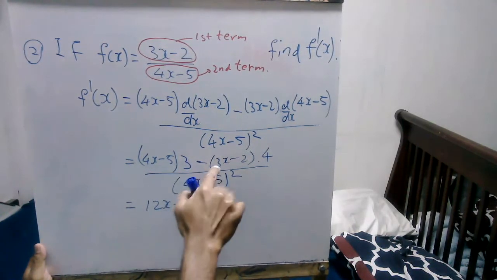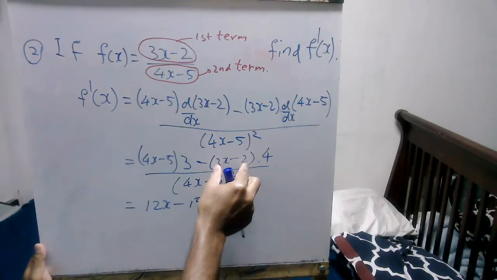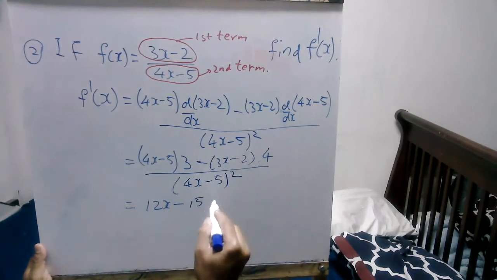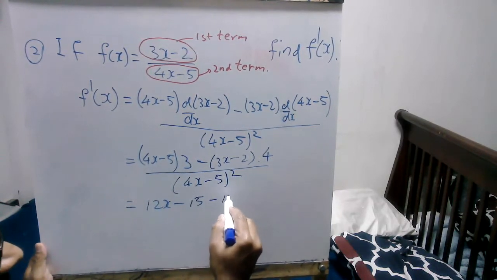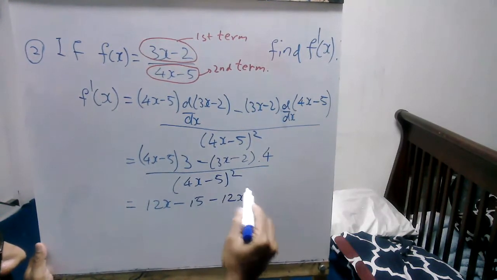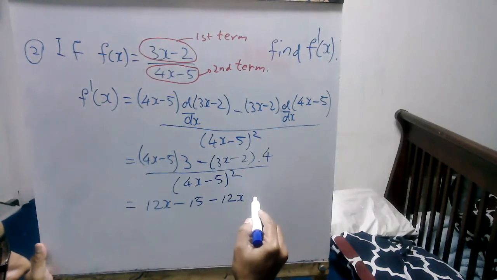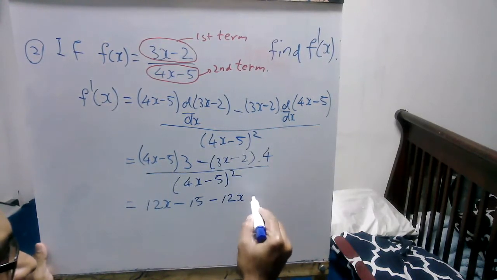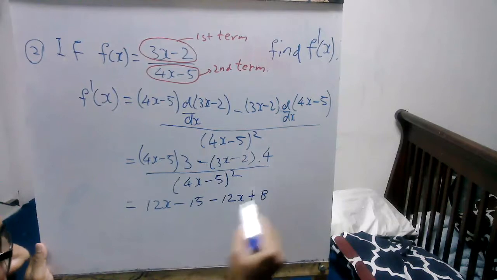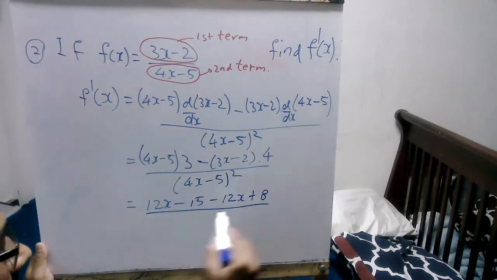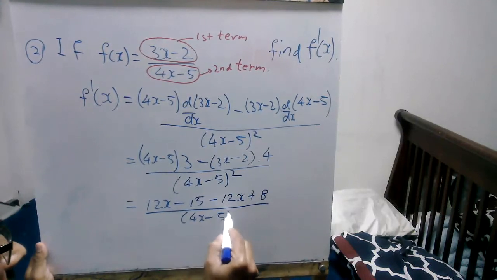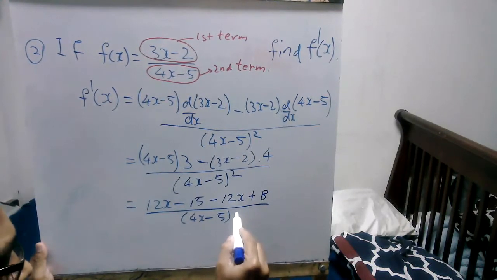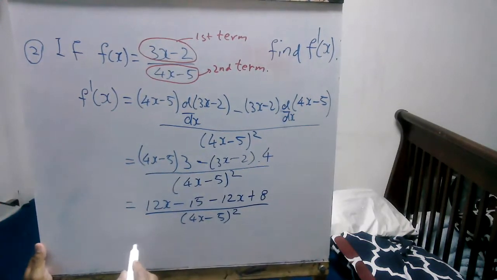You may consider you multiply this parenthesis by negative 4, then you get negative times negative, positive: positive 2 times 4 is plus 8, divided by 4x minus 5 squared.